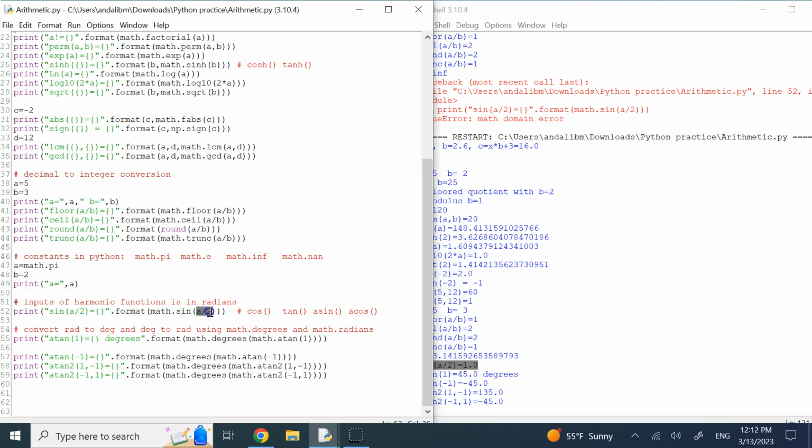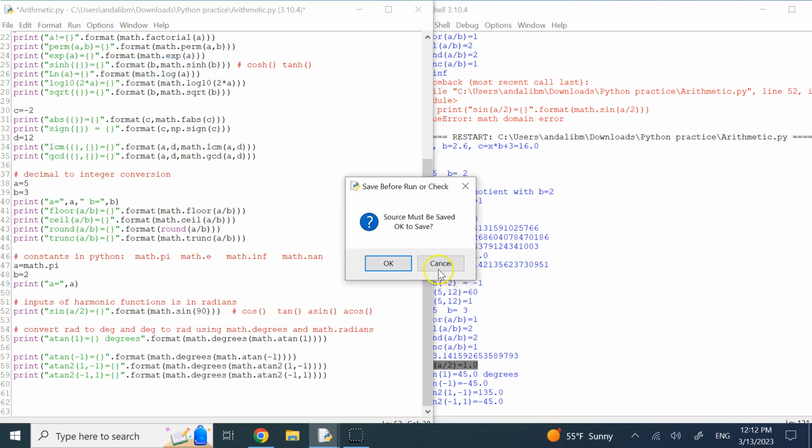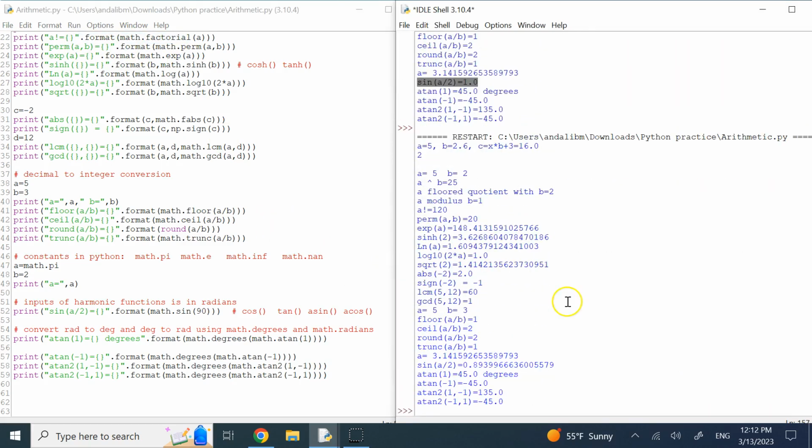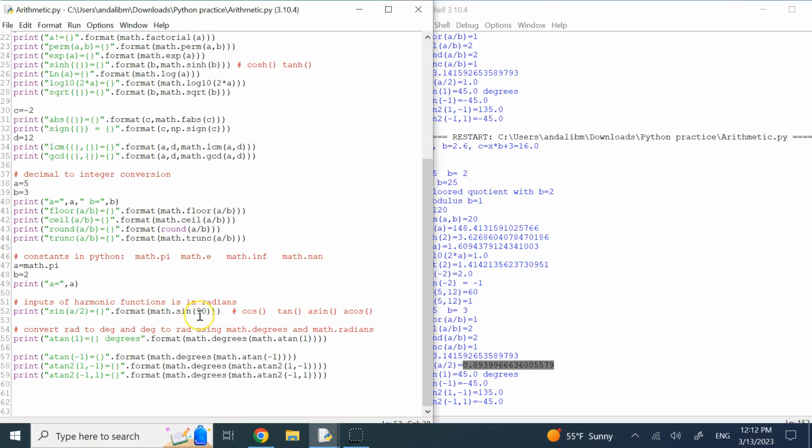So this should be pi over 2. If you type in 90 here, you are not going to get 1 because that's 90 radians, not 90 degrees. If you say sine of 90, then you see the number is 0.89, okay? So make sure that your input is definitely in radians.